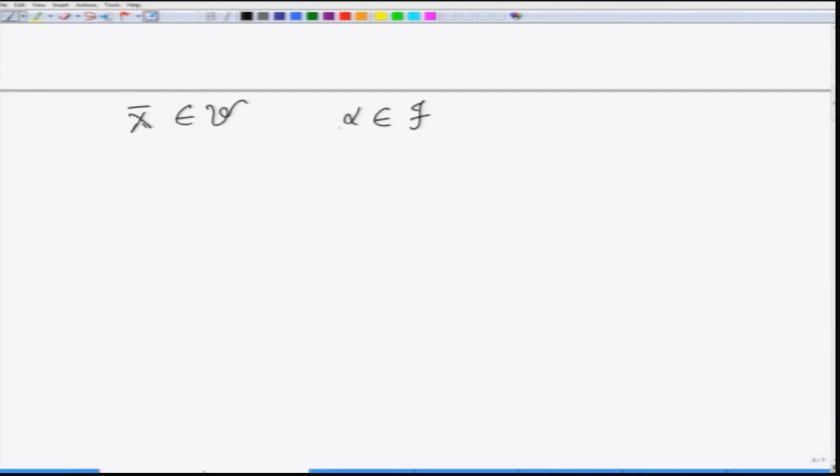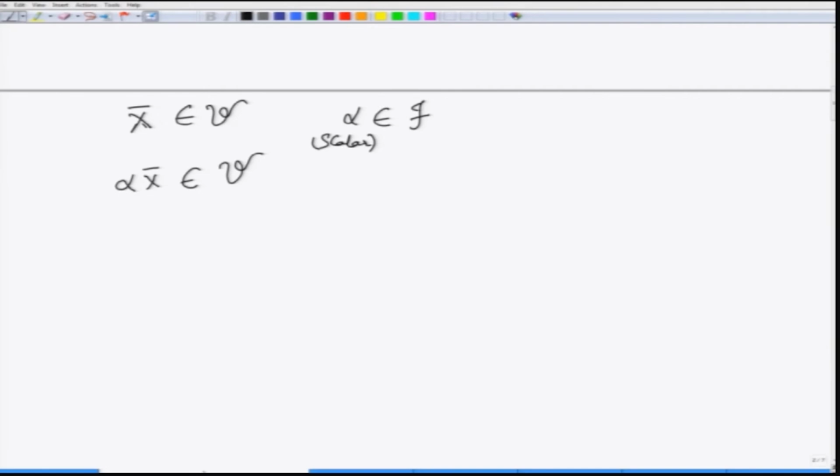Whatever it is, this number is called a scalar in vector space theory. So, x being a vector, if I multiply alpha by x, I will generate a new vector. Because this vector space has to be closed, I also demand that this vector be in the same space V.